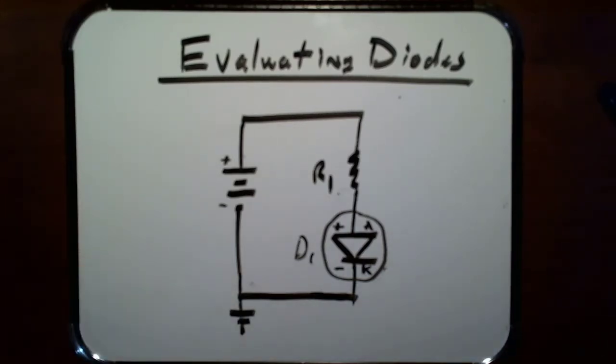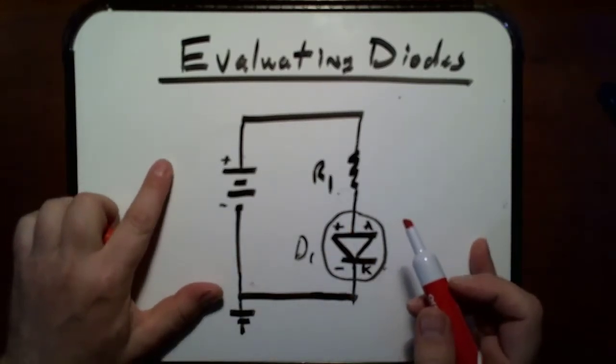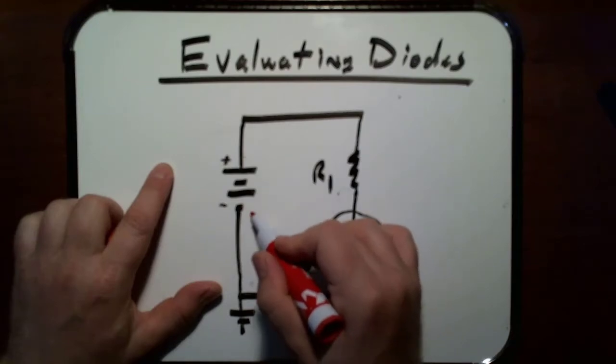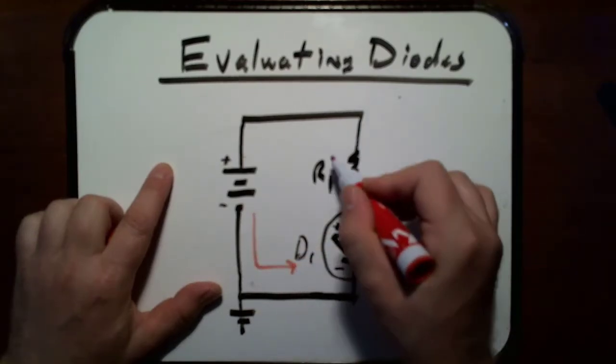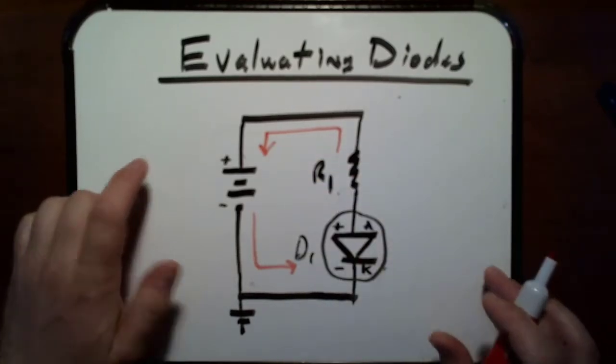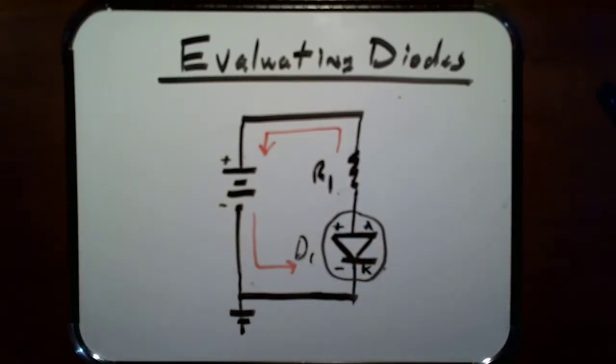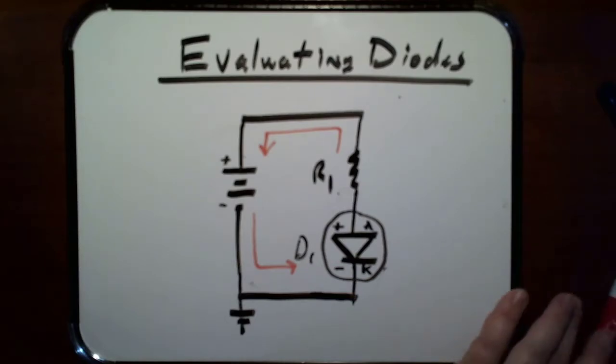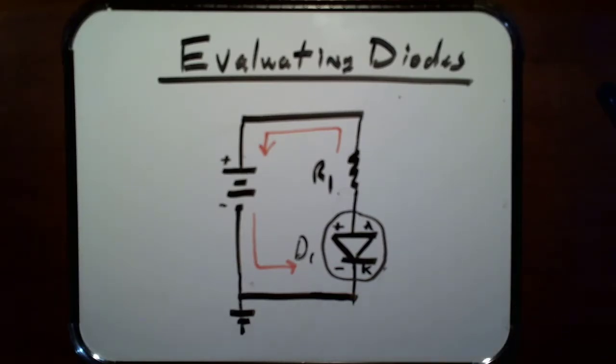Okay, so I have a circuit here, and my current path, we learned the electron flow method, comes out of the negative of the battery, it moves to positive. Remember, there's another method called hole flow, and you will see different examples of that on the internet.